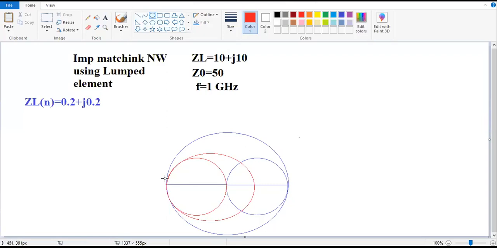So all these multiple concentric circles will be there.